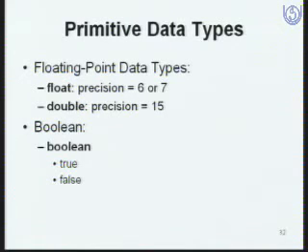These have some precision, for example 6.2, 7.2, like that. In floating point data types, there are two types: one is float and the second is double. Float has a precision of 6 or 7, and double has a precision of 15. Another data type is boolean. Boolean can have two values, either true or false.